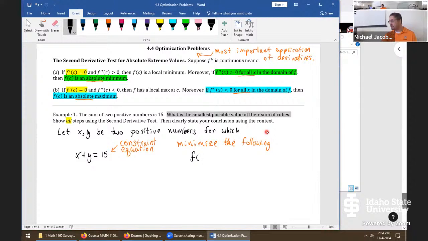Let's call this f of x equals, but we also have to make the function match up with the question. It says sum of cubes, the sum part is adding things together. Of cubes means we're taking x cubed plus y cubed. So we're trying to minimize that function using this as the constraint information.